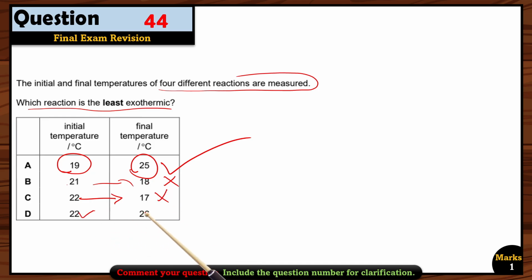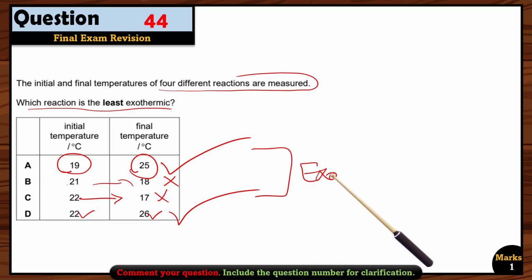22 was the starting one and the final is 26. It means it has increased, right? The surrounding temperature has increased. So these two are actually exothermic. Now you have to decide which one is the least. Now you have to calculate the difference. The one which has a smaller difference is the least exothermic.